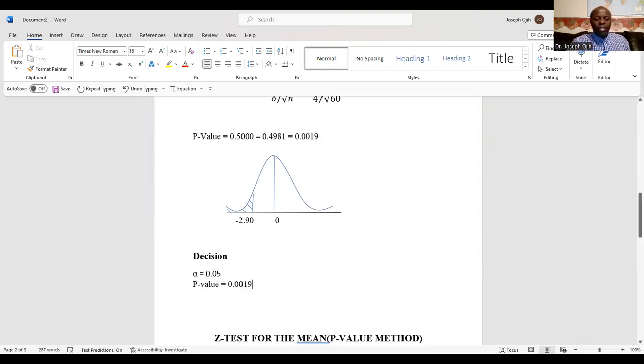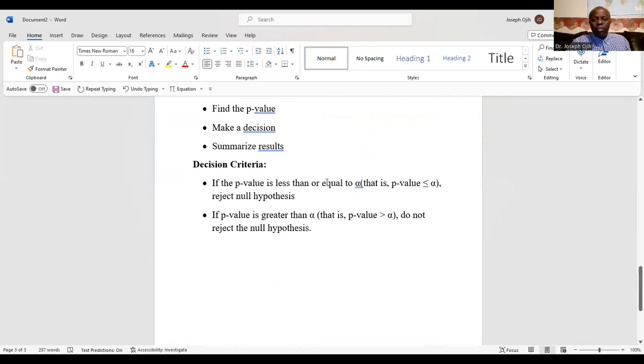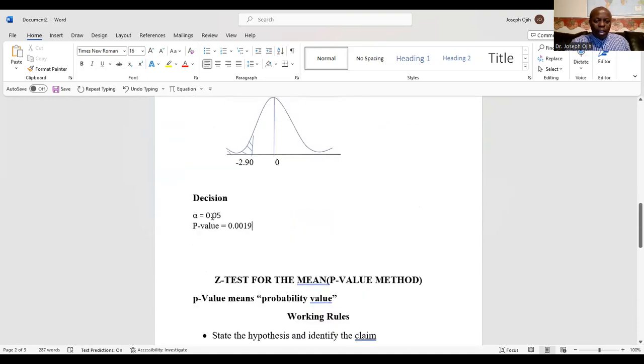And when you compare that, you can see that our p-value is less than alpha. Remember, it says here, if the p-value is less than or equal to alpha, reject the null hypothesis. But if it's greater, do not reject. So here, our p-value is less than alpha.